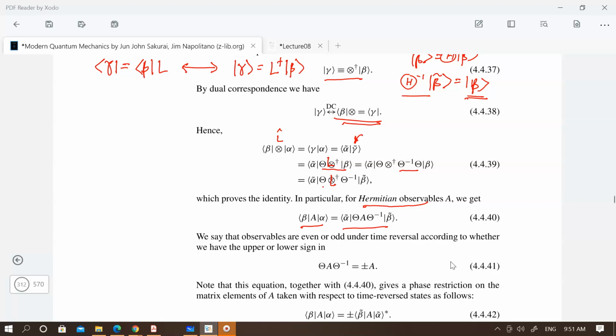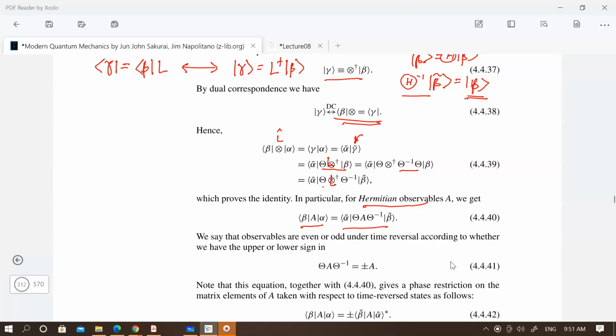Remember, we always use the fact that we are making correspondence with the classical case through the expectation values. That's why we need all these bras and kets in the picture. But now you can see the time reverse operator version is related by this condition.